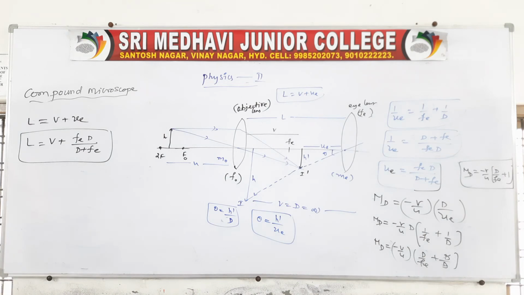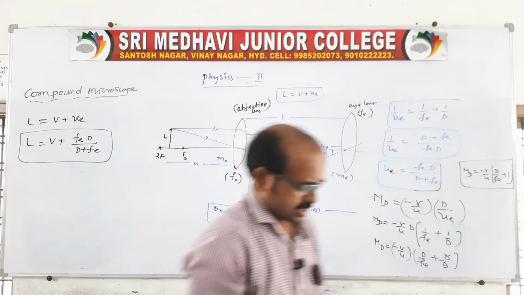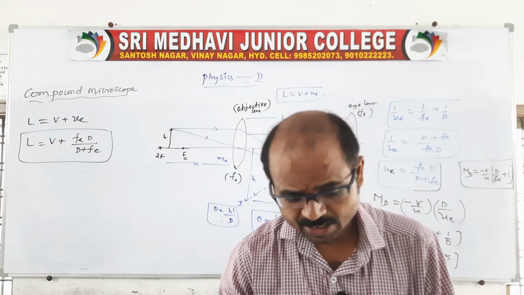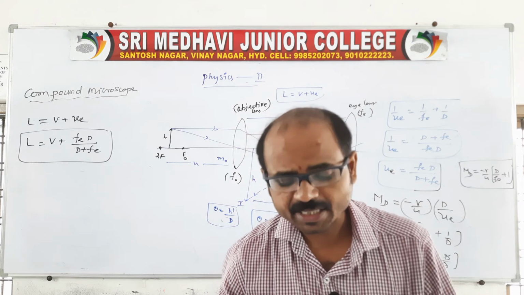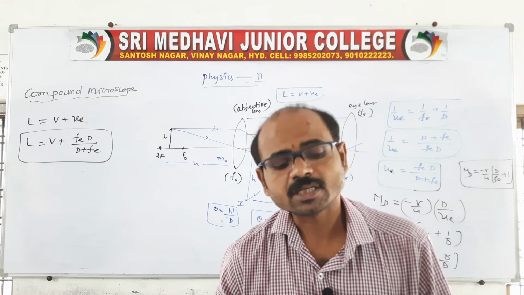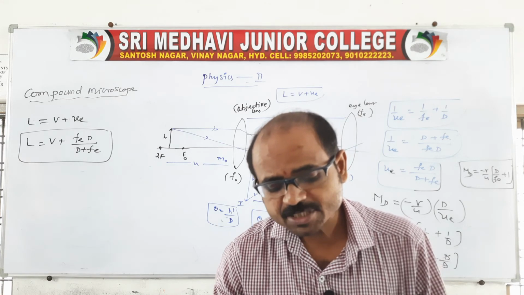Here I will tell you one thing. Open your materials. This question is given in the material as an LAQ, a long answer type question. Sir, will they ask LAQ from this chapter?